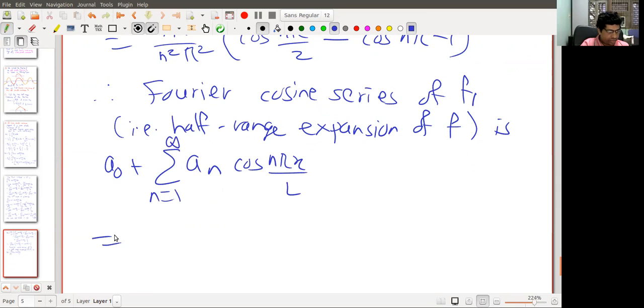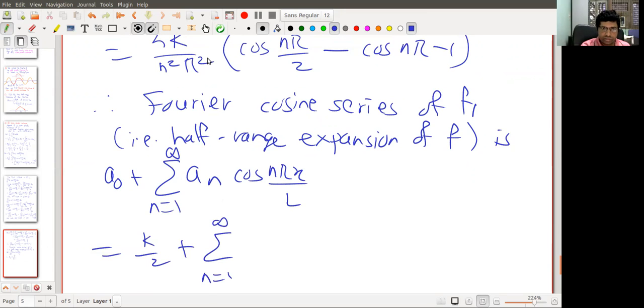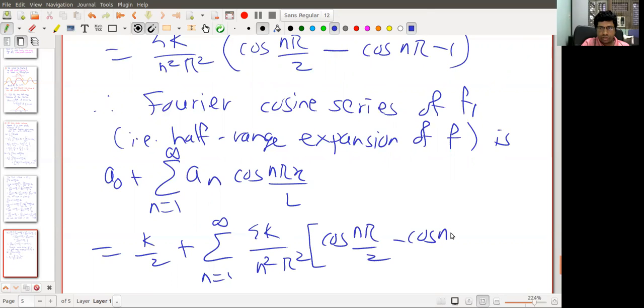Okay, that is a0 is k by 2, and this is plus summation an is written here: 4k upon n square pi square into cos n pi by 2 minus cos n pi minus 1 into cos n pi x by L. Okay, so this is the required answer.